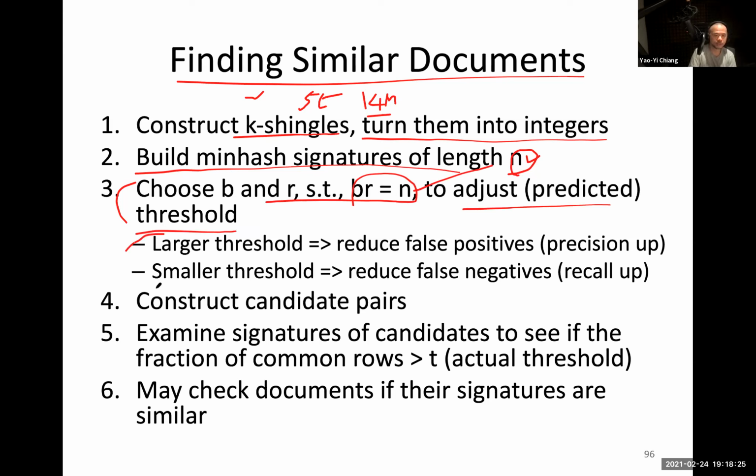And here's your guidelines. Then you can start to construct candidate pairs, look at the signatures of the candidates, and may check the documents if their signatures are similar.